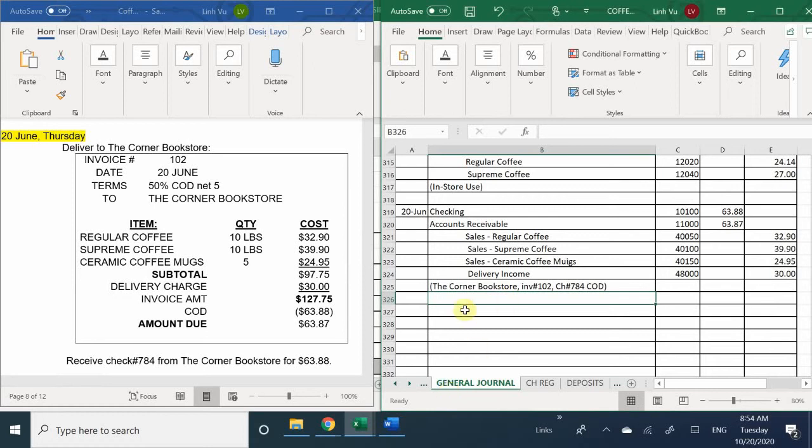I'm not sure. Yeah, we could do COGS next. Okay, so when we're dealing with our cost of goods sold, where do we need to go? Inventory worksheet.